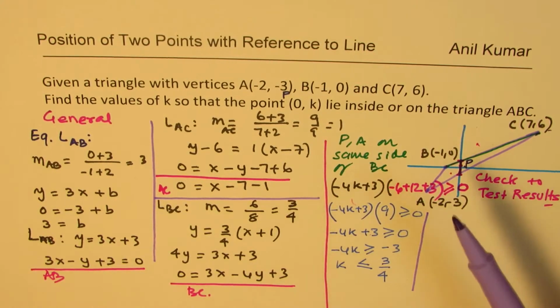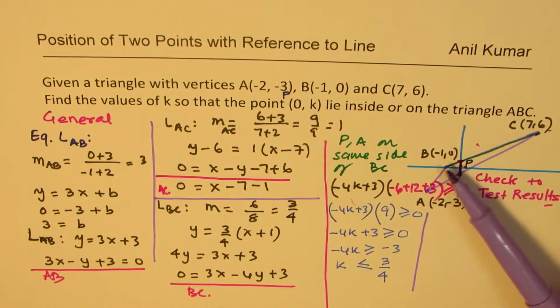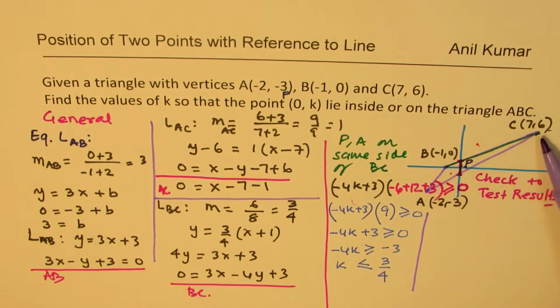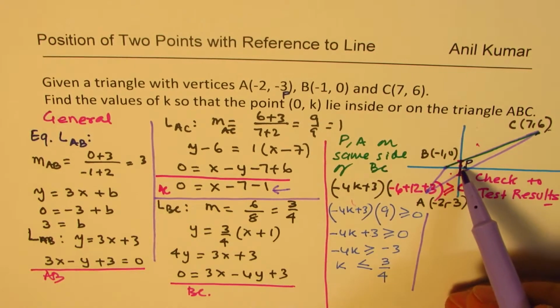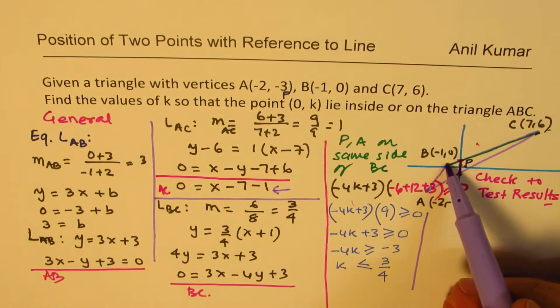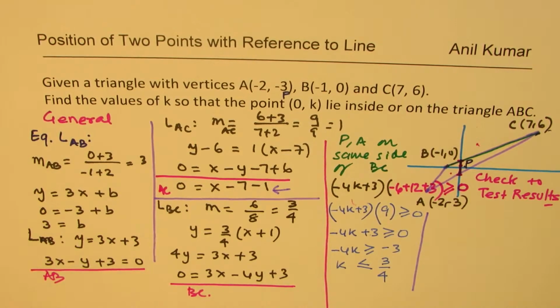Now, let us work on the points P and B and the line which is A to C. So A to C is this particular line, right? So let's work on this line and the points P and B. So for P to B, what do we get?